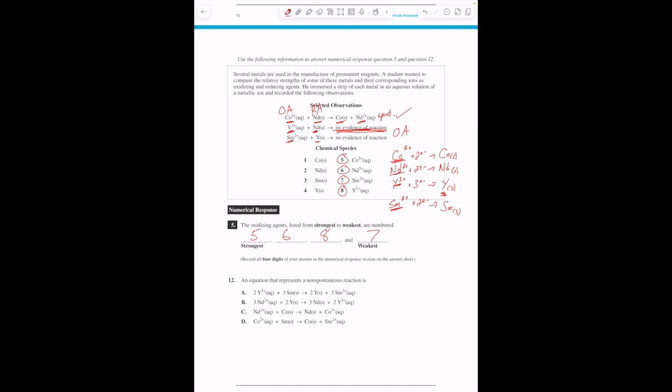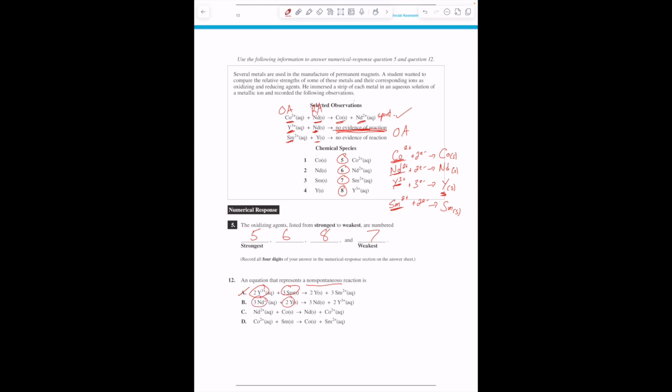Okay. And then last question, which one is a non-spontaneous reaction of the ones listed? Well, let's take a look. Y3+ reacting with Sm. Y3+ is above Sm. That's spontaneous, so that can't be it. So that's out.